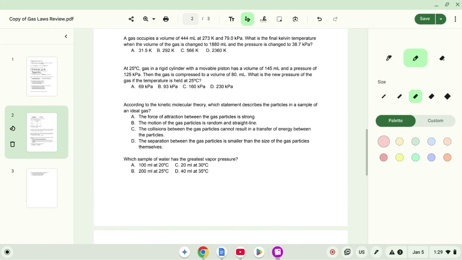A gas occupies a volume of 444 milliliters at 273 K and 79 kilopascals. What is the final Kelvin temperature when the volume of the gas is changed to 1,880 milliliters and the pressure is changed to 38.7 kilopascals? You can set this up using the combined gas law.